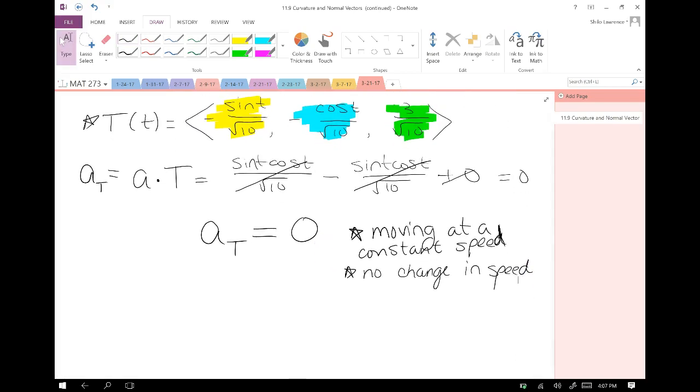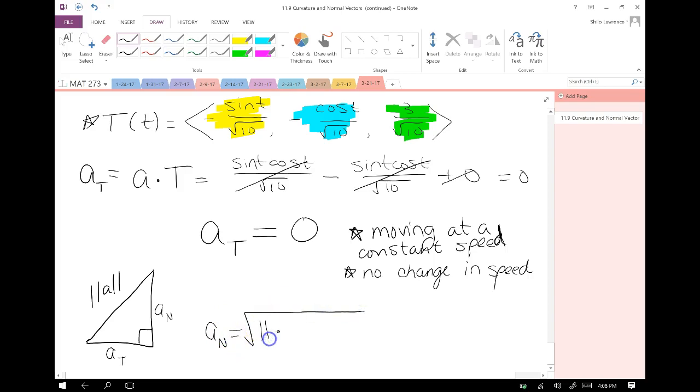So probably the easiest way to get a sub n is just with the Pythagorean identity, because we are taking our acceleration and we are breaking it apart into these orthogonal components, a sub t and a sub n. So a sub n, which is just one of the legs of that right triangle, is going to be the square root of the magnitude of our acceleration squared minus a sub t squared, and we just found out a sub t is 0.